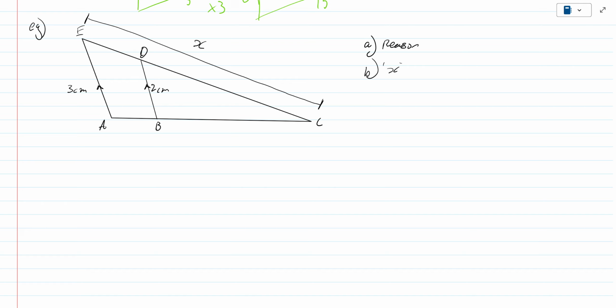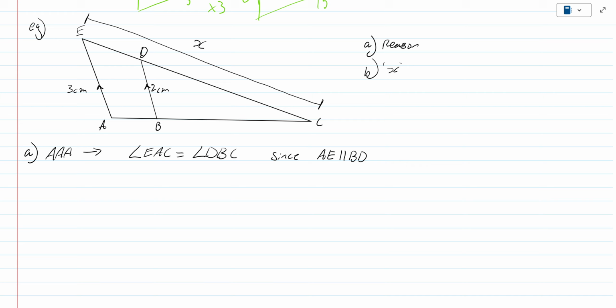For this one, it's going to be angle, angle, angle. Because angle EAC is equal to angle DBC, since AE is parallel to BD.